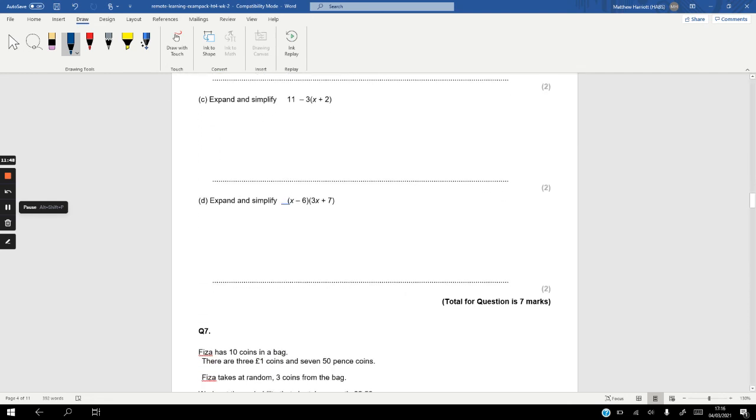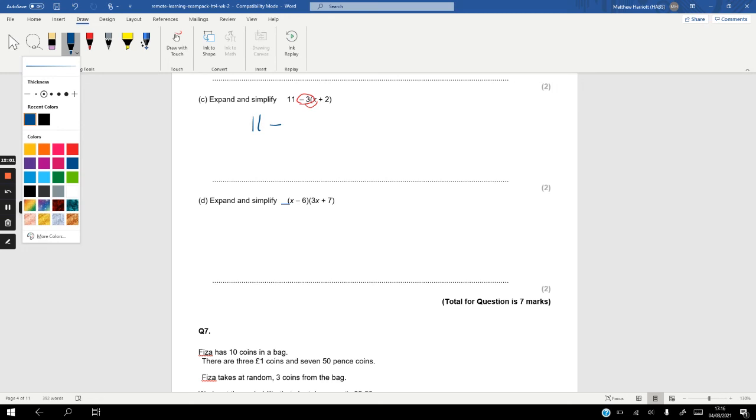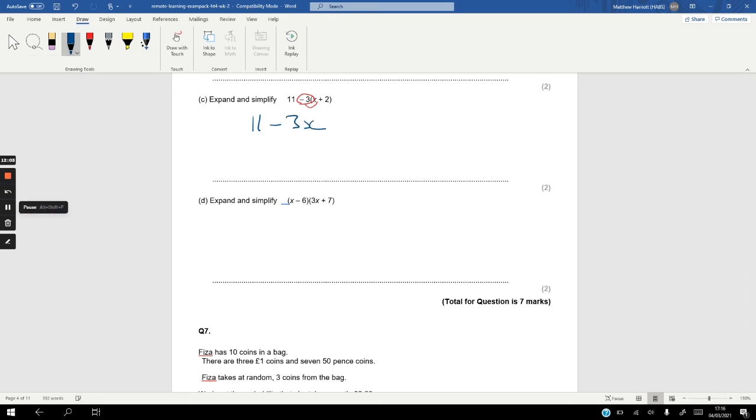Expand and simplify. We've already done a bit of this today. We're going to do 11 minus, I'm going to do -3 times by x, which gives me -3x.